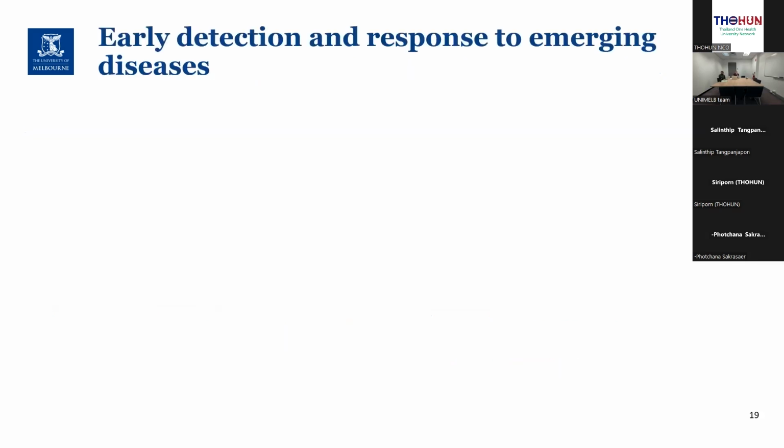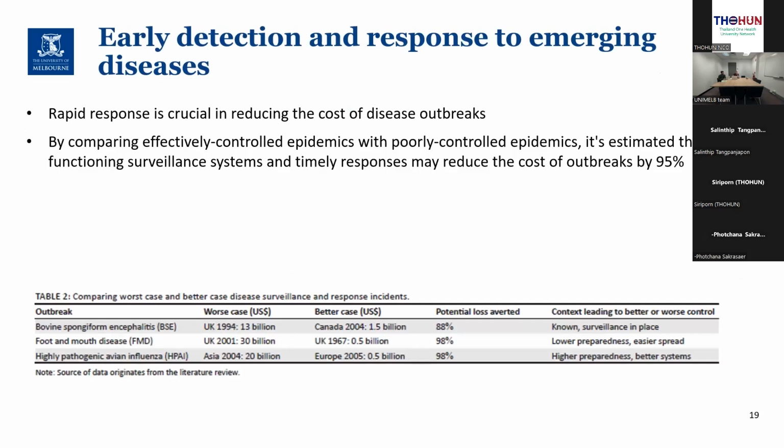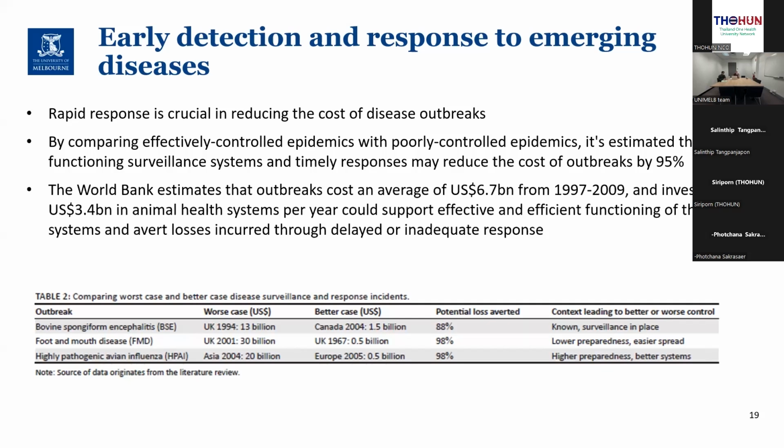The next one is early detection and response in emerging diseases. So rapid response is crucial to reducing the cost of the disease. And she goes about this by looking at what basically a good case and a bad case in different outbreaks. And she finds that there's about a 95% reduction in the costs based on a good response versus a bad response.